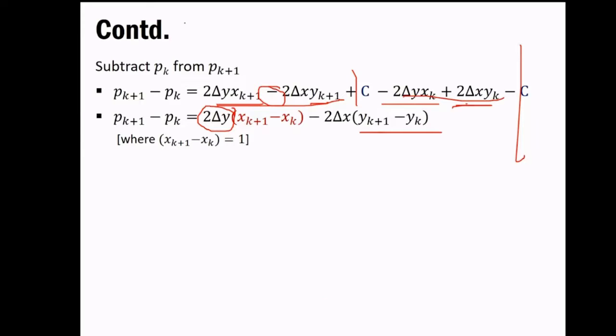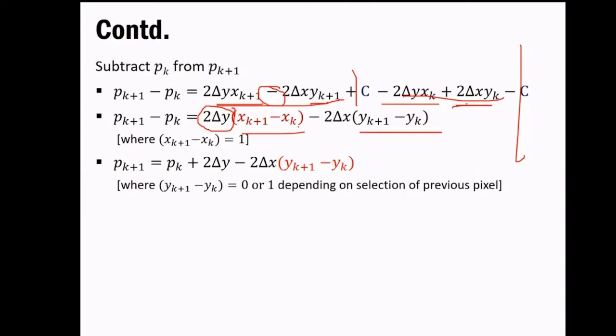So we'll replace this complete thing with 1 to keep it very simple. Now we'll take the pk over here, so we'll be getting pk plus 2 delta y minus 2 delta x, and then we have one more thing, that is yk plus 1 minus yk.